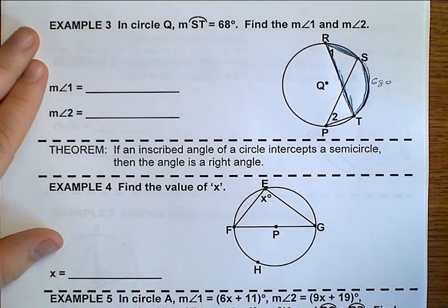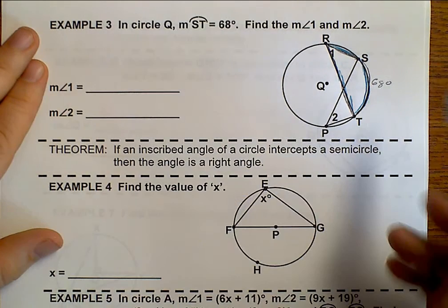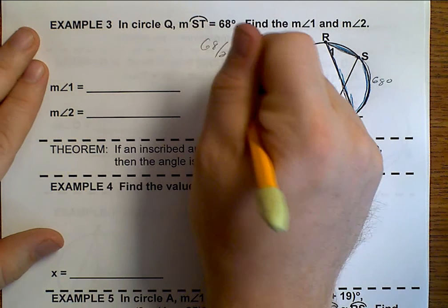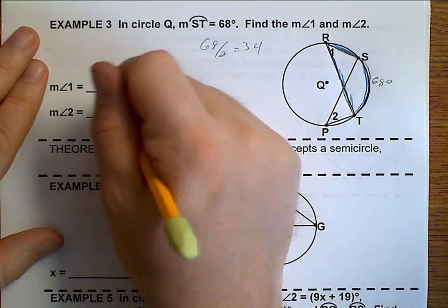We're looking at arc ST. So half of 68 is 34. So the measure of angle 1 is 34 degrees.